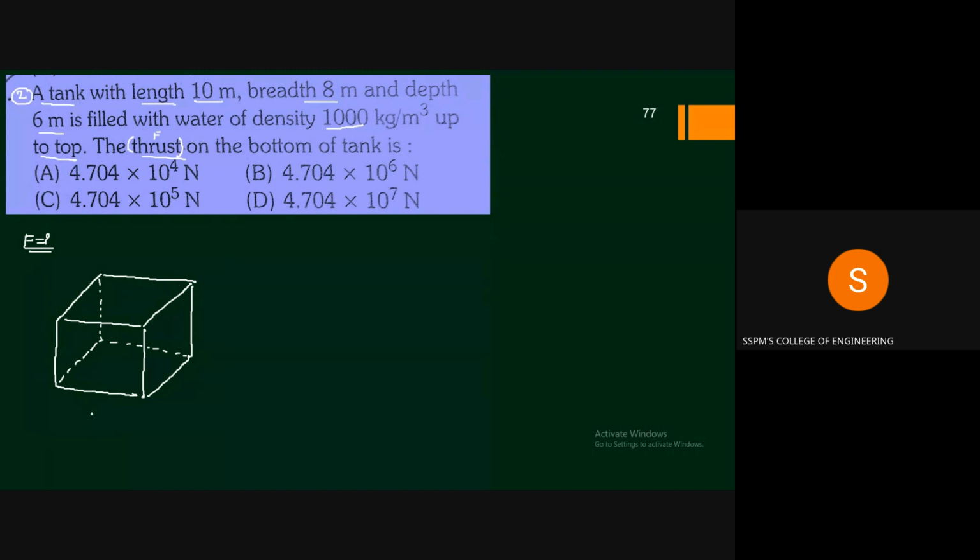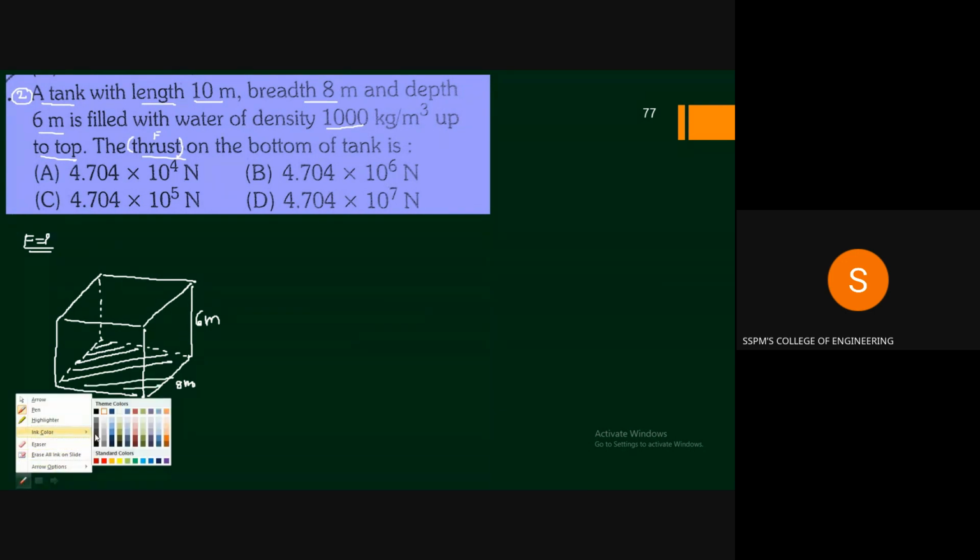It has dimensions: the length is 10 meter, the breadth is 8 meter, and the height is 6 meter. Okay, so initially it is completely filled. At the bottom surface of the tank, so this is the bottom surface, what is the pressure, what is the force exerted? So what is the value of force?